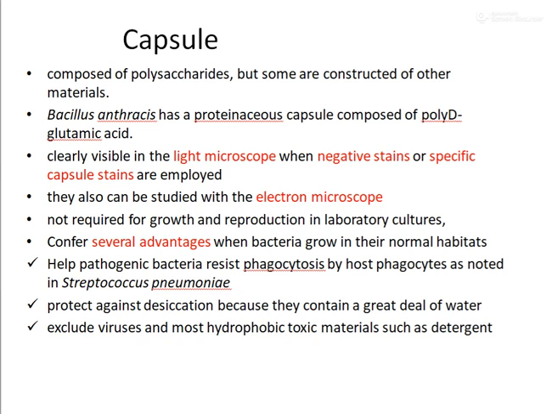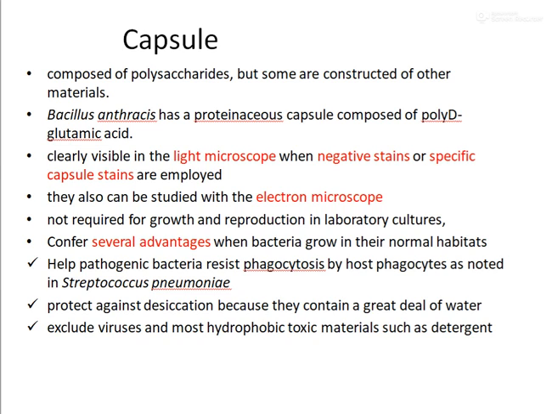In our blood, various WBCs can carry out phagocytosis to kill the pathogenic bacteria. So, if a bacterium has a capsule, it is able to resist phagocytosis when it enters the human body.